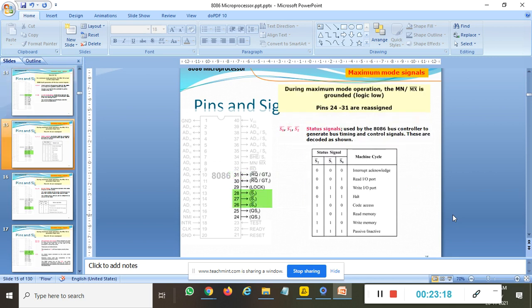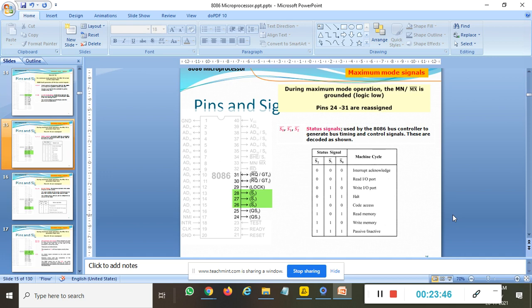Now next one is the maximum mode signals. During maximum mode operation, the MN/MX bar is grounded or logic 0. In case of minimum mode, it is connected to VCC or logic high.